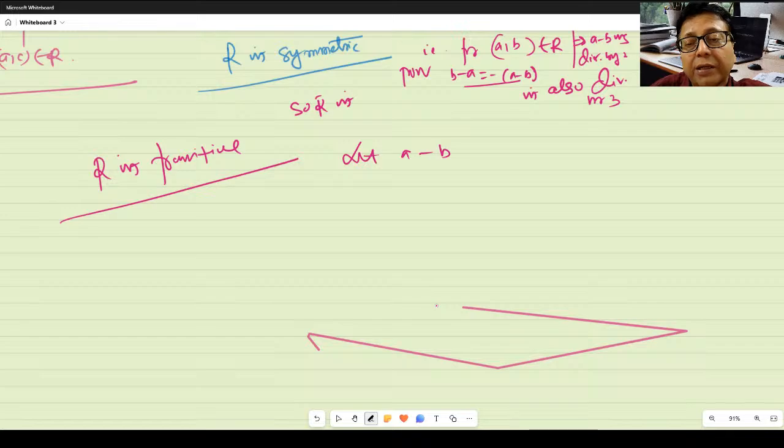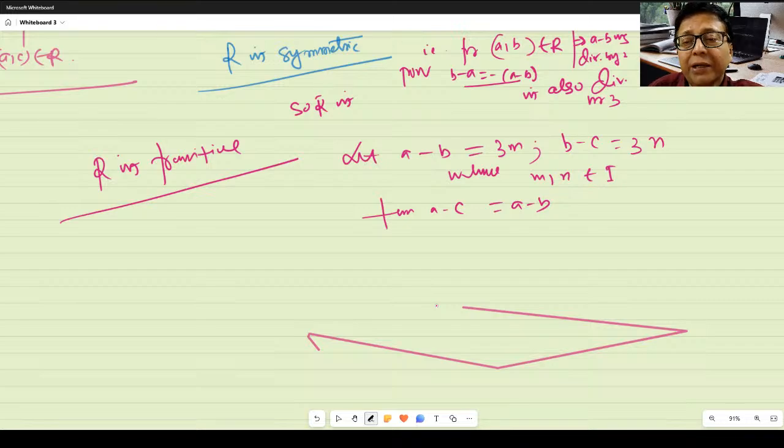Let A minus B equal to 3M, and B minus C equal to 3N, where M, N belongs to I. Then A minus C equals A minus B plus B minus C, which is 3 into (M plus N).